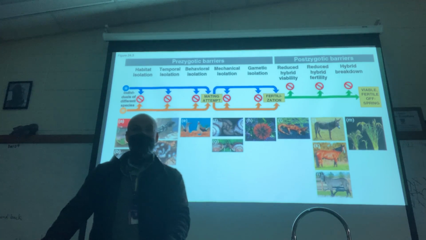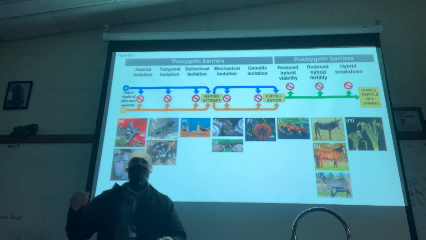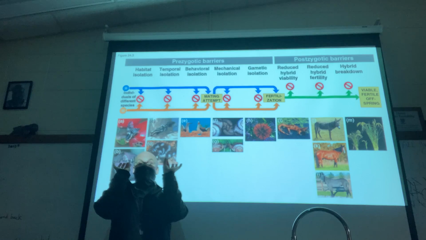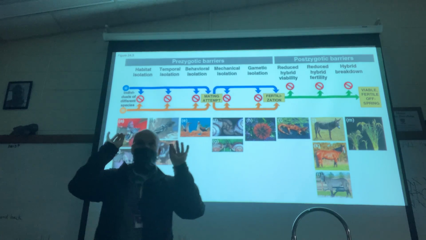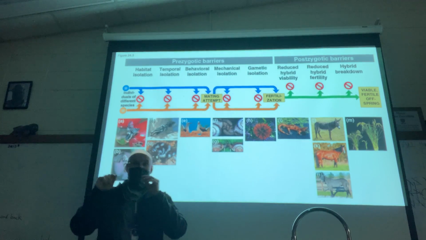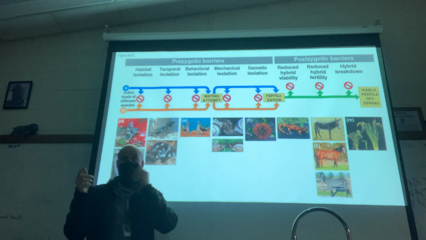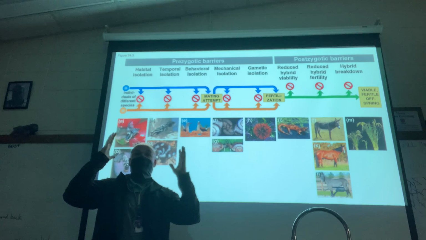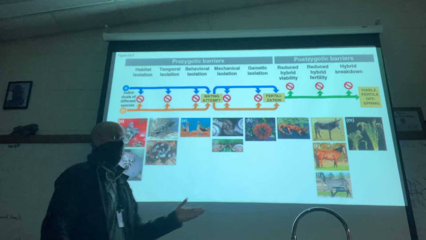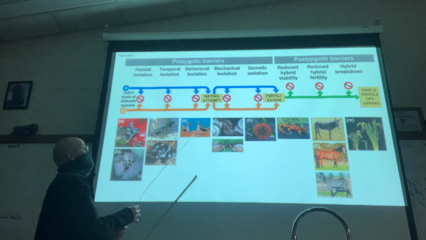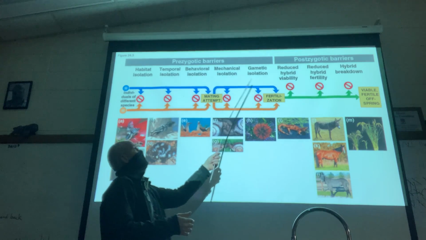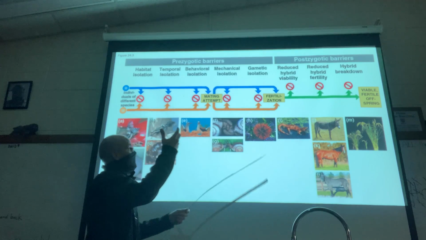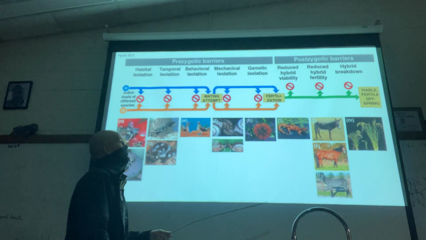You could have two populations that are very similar, but if a slight change in cell receptors on the sperm cells of one population gets changed, the sperm cells may not even be able to find the egg cell after mating has occurred. So there are barriers to the actual fertilization event.